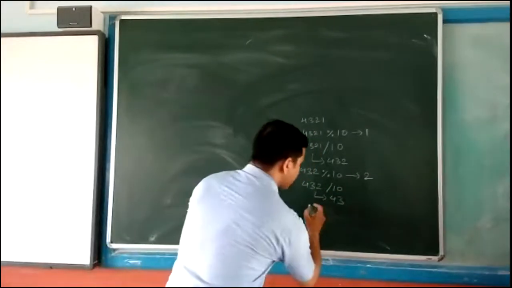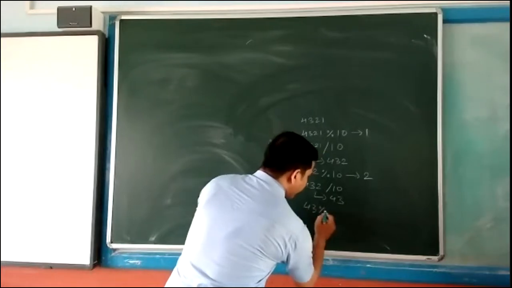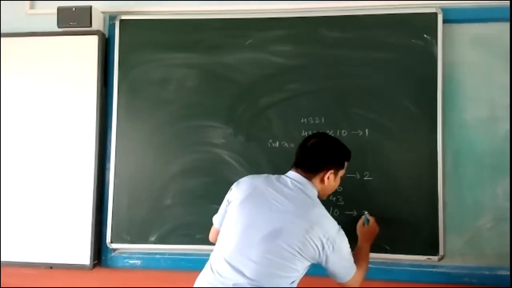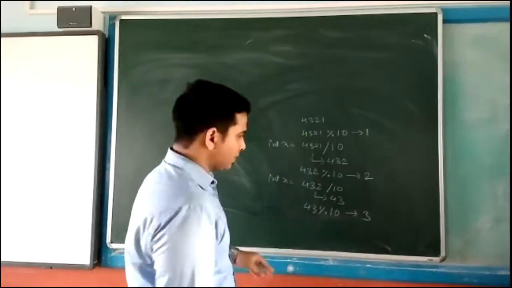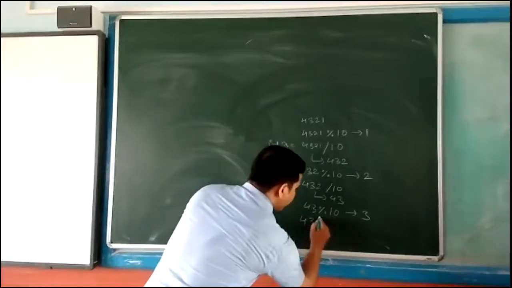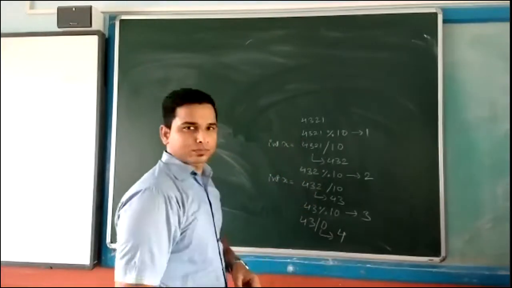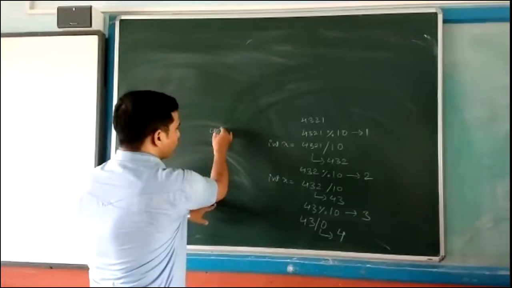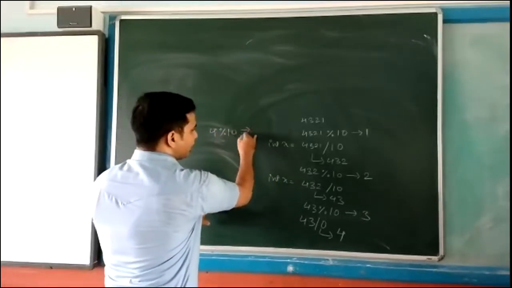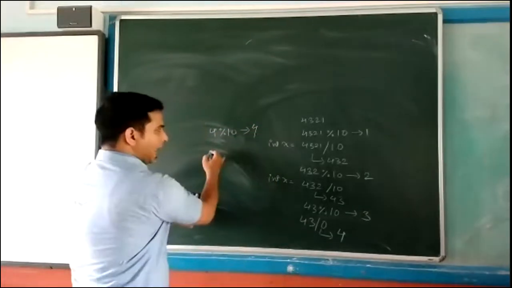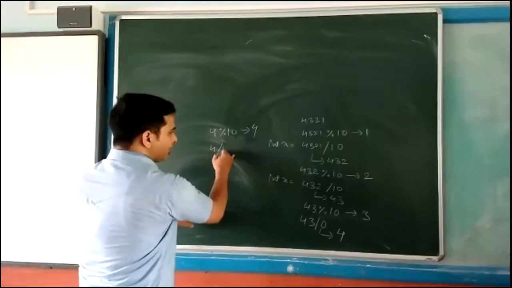Again, 43 modulus 10, the value will be 3. Then 43 divided by 10, the value will be 4. Again, 4 modulus 10, the remainder will be 4. And then 4 divided by 10.